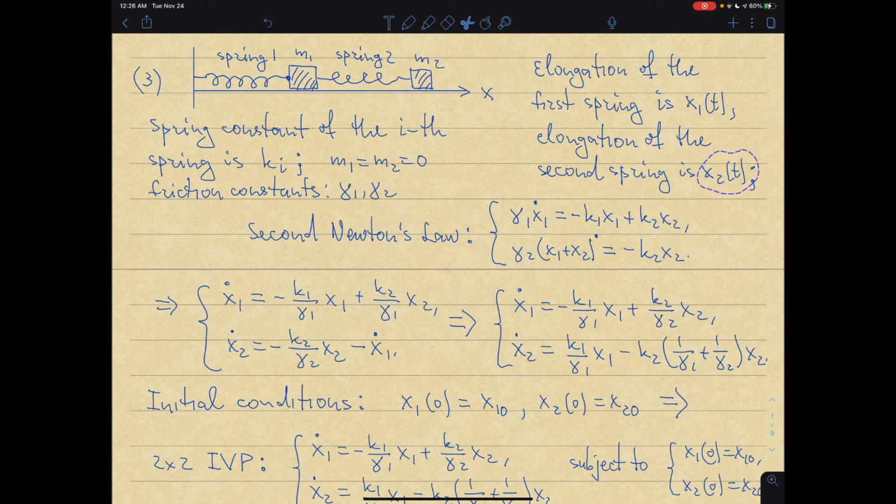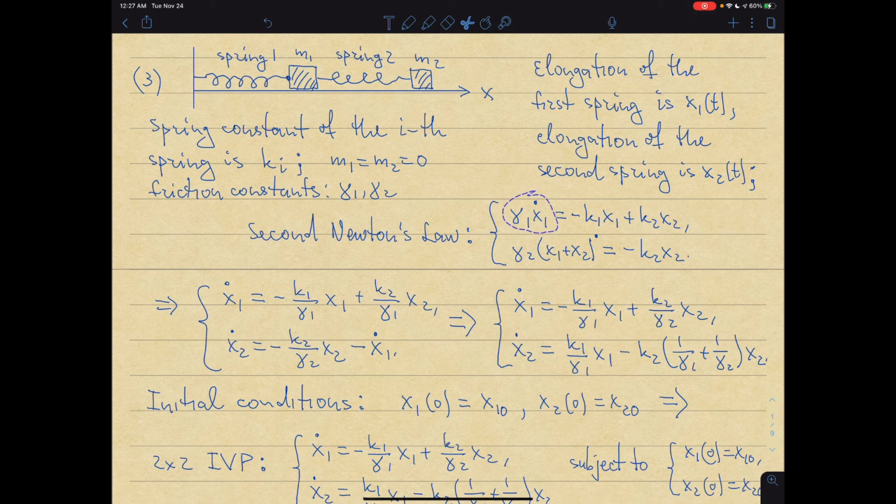And so what I would see is that there is a balance of forces on m1 and a balance of forces on the object m2. And what are the forces? On m1, I have a friction force, which is typically written as gamma times the velocity, right? Gamma 1 times the velocity of the first mass.